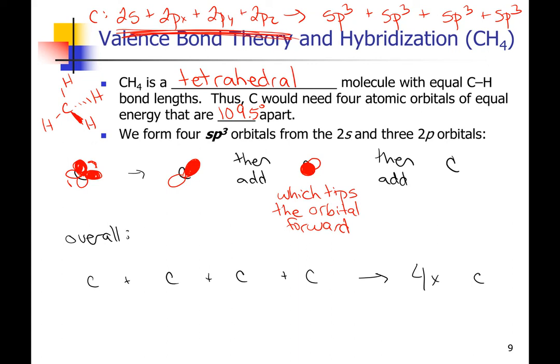So if we then take that shape that we've generated from combining the 3 2p orbitals and mix in some 2s, that's going to have the same effect that it's had in the last couple of videos. It's going to make the shaded lobe larger and the unshaded lobe smaller.